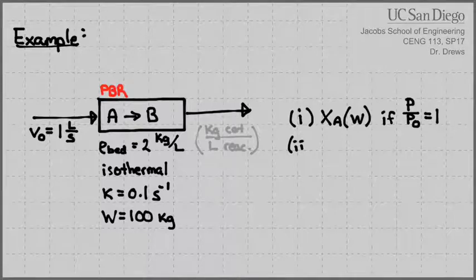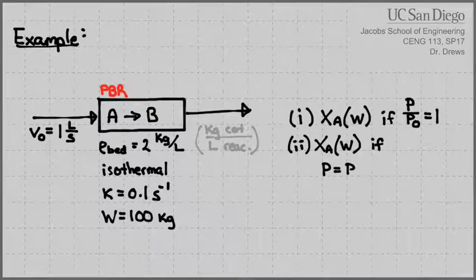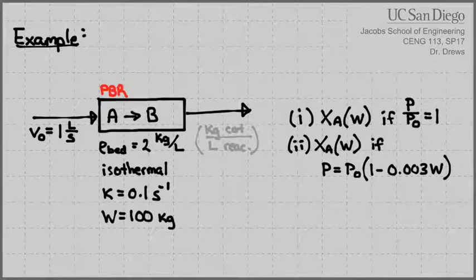The other version that we'll do is to get the same conversion, X as a function of W, if, and this is one of the ways that I can tell you what the pressure is, the pressure is equal to the initial pressure times 1 minus 0.003 W raised to the 1/2 power. Generally, when you see an expression like that, you're going to see exponents that aren't integers, which when you get to 101A, you'll roughly figure out why those things are never integers.